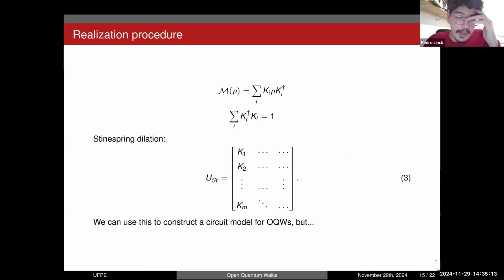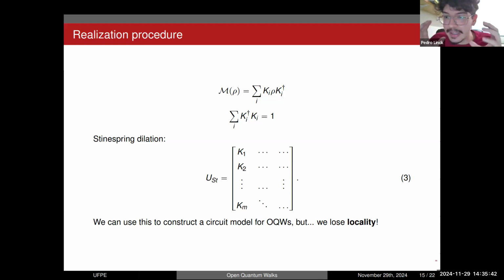We can use this to construct a circuit model for open quantum walks, but we lose locality. Of course, I was almost forgetting to talk about this. When you simulate all Kraus operators at once, you lose the most fundamental thing you have on graphs: if you are on node 1, you just have two options, you can go right or left.